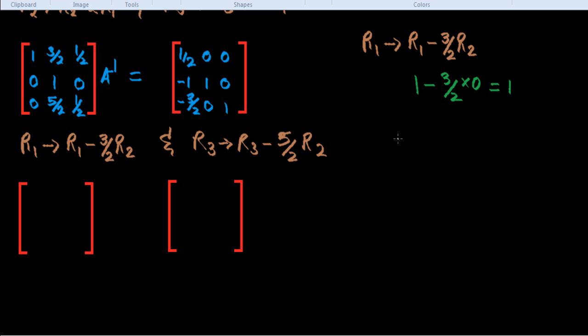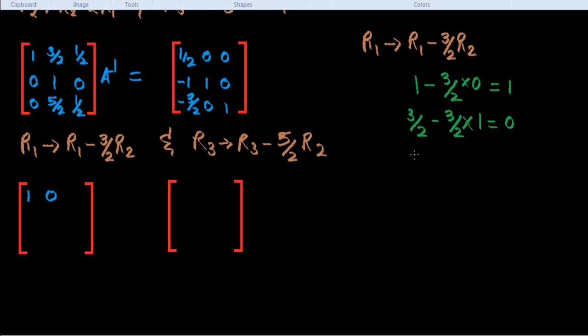So we get here 1, there is no change, it would be 1. Here you see it is 3 by 2 minus 3 by 2 into R2 is 1 here, so we get 0.